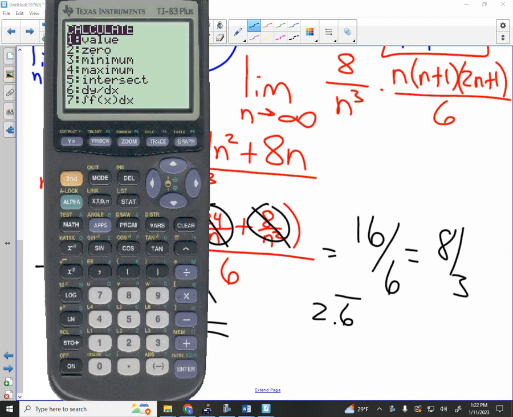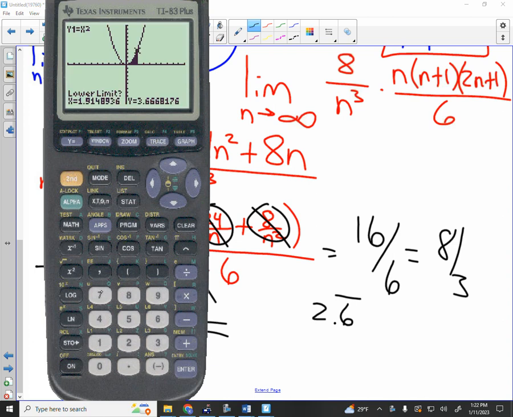You want to second calculate. Number 7. Lower limit is 0. Upper limit is 2. See that? That's much faster. Well, you could check your answer, but that's that.